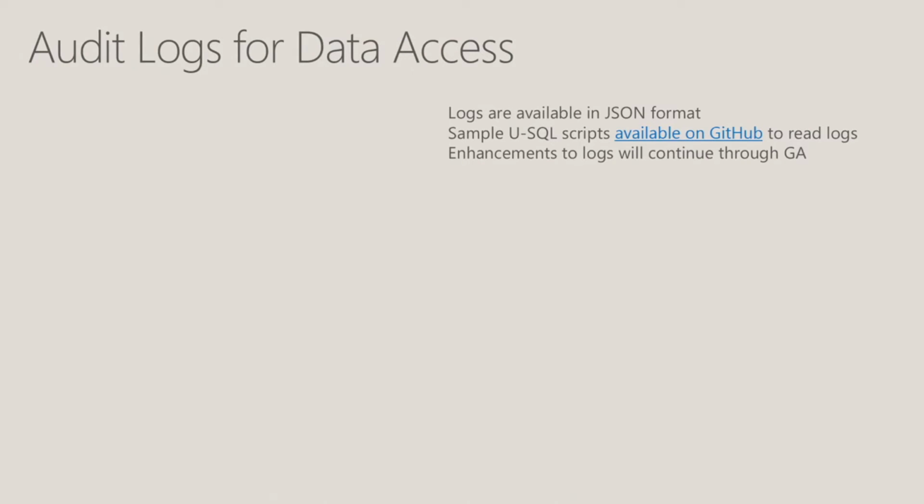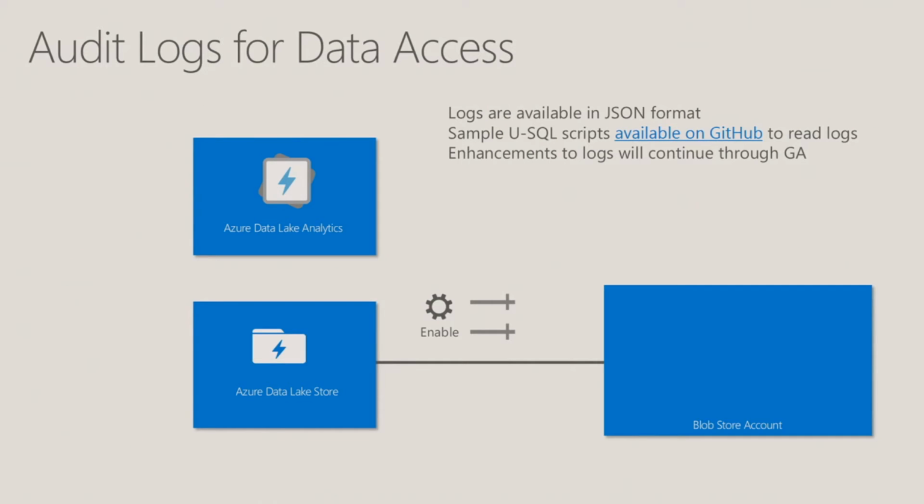Audit logs. Most of you are concerned about how your resources are being accessed, and you want to guard against any malicious activity. So we do provide audit logs. You get them in JSON format, and then you can use scripts that run in Azure Data Lake Analytics to extract patterns out of those logs. In this example, we have Azure Data Lake Store, Blob Store where the audit logs go, and Data Lake Analytics which is attached to this Data Lake Store.